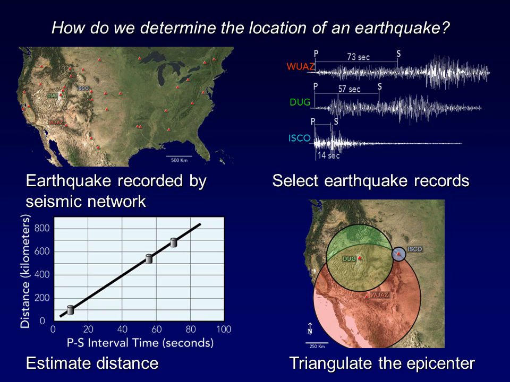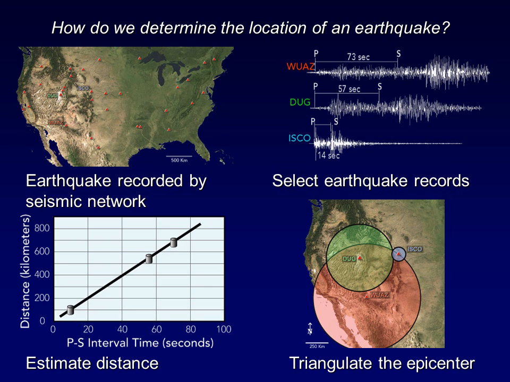The next one is DUG. It's 57 seconds, so we carry that over, and it's roughly 550 kilometers. So around DUG, we've got a larger perimeter. It could have happened anywhere in this green circle here, anywhere within roughly 550 kilometers. Then the same thing for WUAZ.